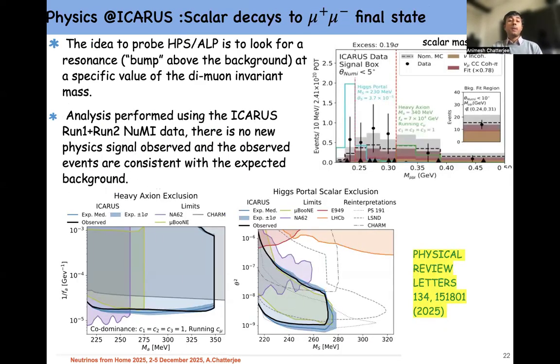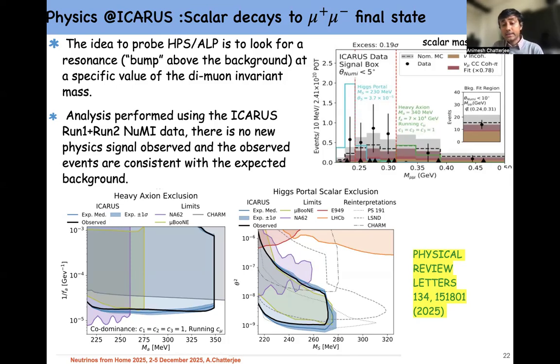The analysis is performed by looking for any bump over the expected background at a specific value of the dimuon invariant mass. The analysis was performed with both the Run 1 and Run 2 NuMI data. There is no excess of events observed over the background expectation.